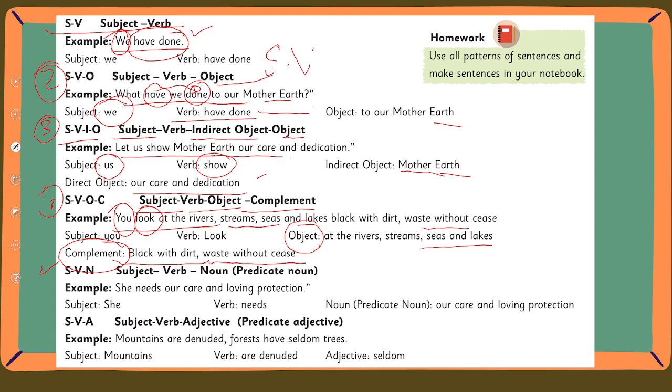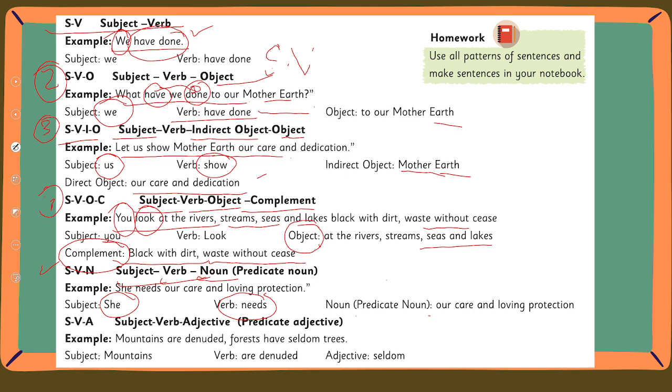Next one, we have our subject, verb, and noun. So it means we have to have a subject, verb, and a noun. And the noun, just like in the previous example, it will work as a predicative noun. She needs our care and loving protection.